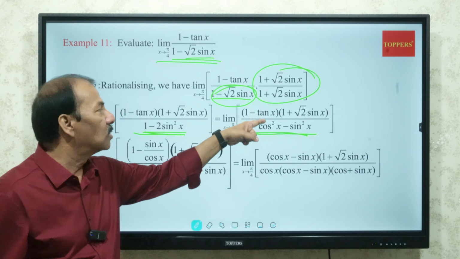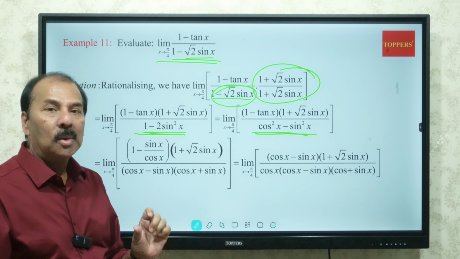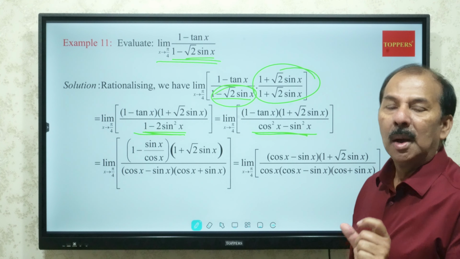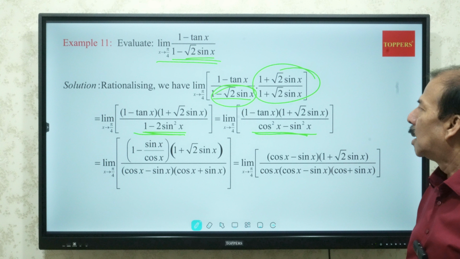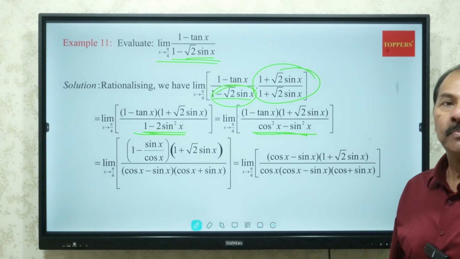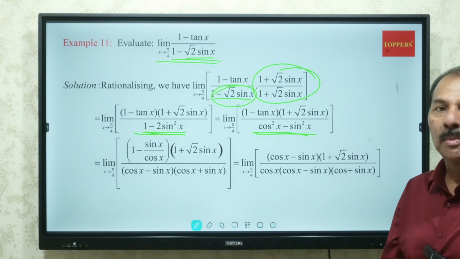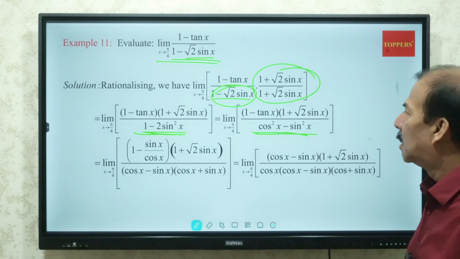So it means it is in the 0 by 0 form when x tends to pi by 4. So cos x minus sin x is the common factor in the numerator and denominator, because of which it attains the form 0 by 0. So we have to eliminate cos x minus sin x from the numerator and from the denominator.